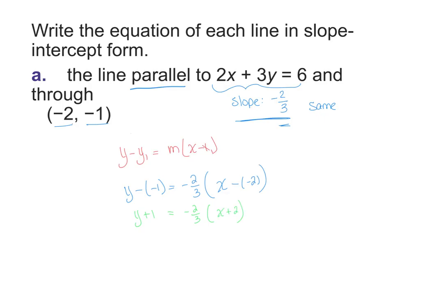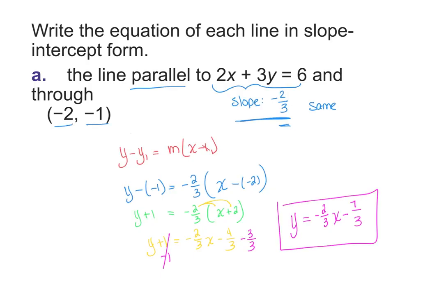And then we can distribute and solve. Simplify by moving that 1 over. Remember, 1 with a common denominator here is going to be 3 over 3. So we have y equals -2/3 x minus 7/3. That is parallel.